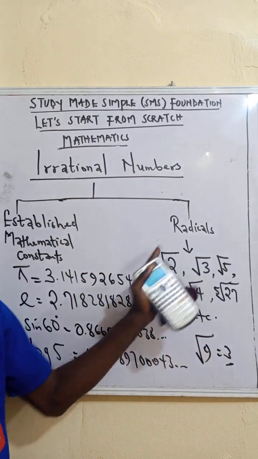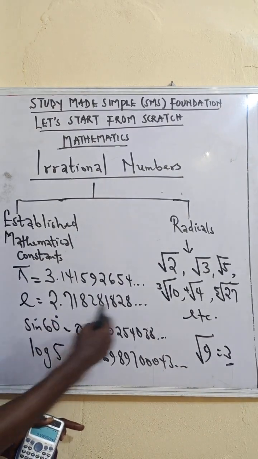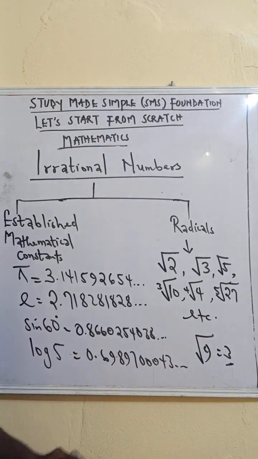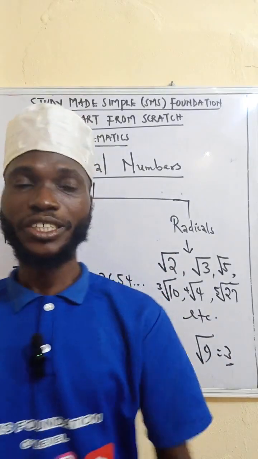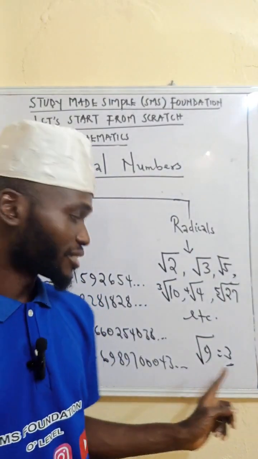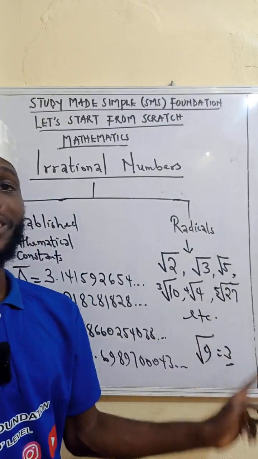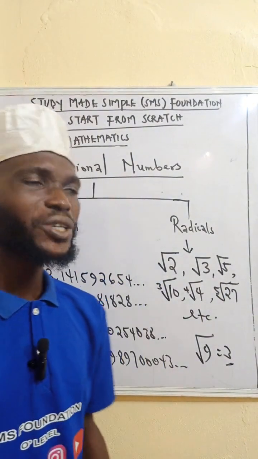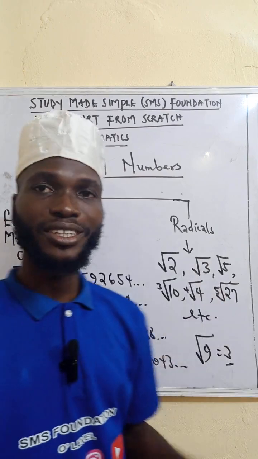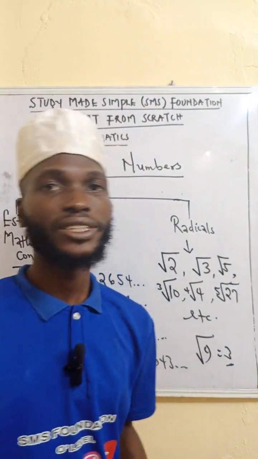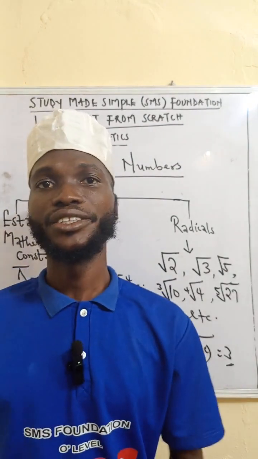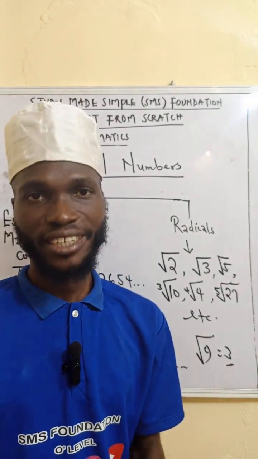All of these ones lead you to numbers like this, but something like this will lead you to a whole number, so this one is rational, but all of these are irrational. So the rule is, anytime you press your calculator for a particular number and you get an unterminating, non-recurring decimal, then the number is irrational. Thank you.